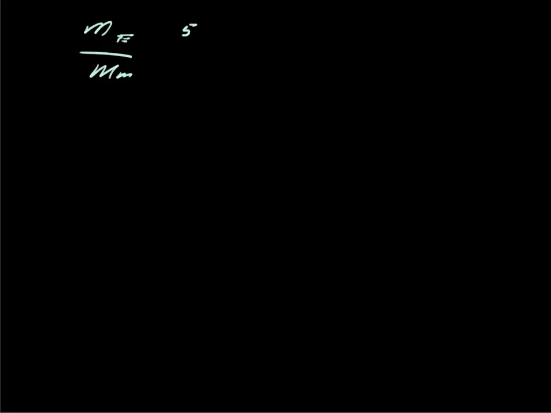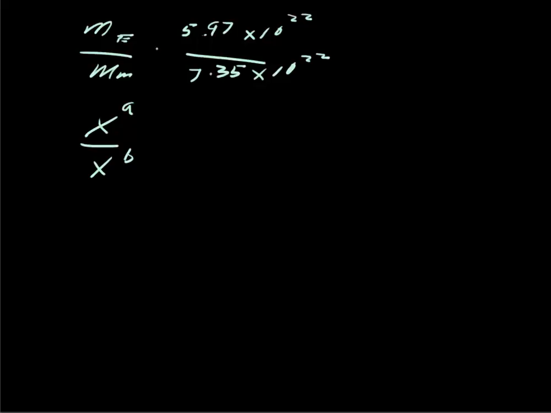Now remember when we talked about superscripts, we said that something like x to the a divided by x to the b was equal to x to the a minus b. Well, in this case, we have 10 to the 22nd divided by 10 to the 22nd.